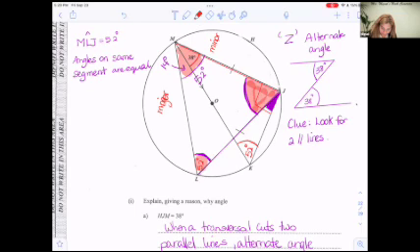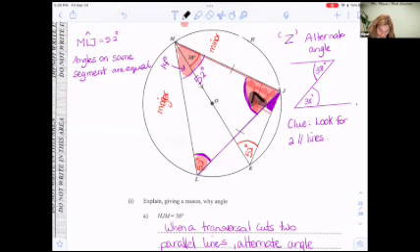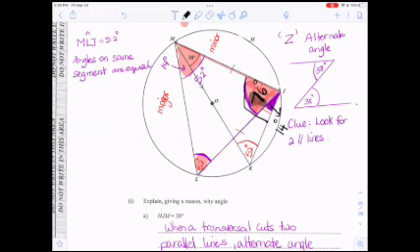How much again to make 180? 76. So if the whole angle is 76 and this whole angle is 90, wouldn't this piece be 14? So you all understand that?